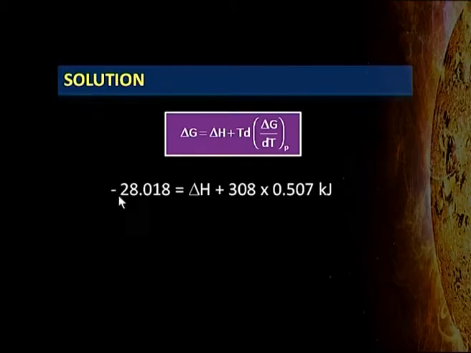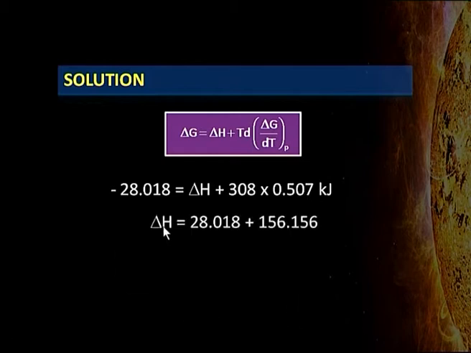Now, putting all these values, we will have minus 28.018 equal to delta H plus 308 multiplied by 0.507 kilojoules. We will have delta H equal to 184.174 kilojoules.